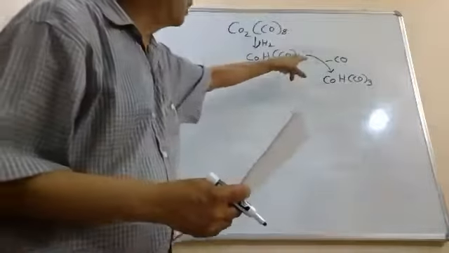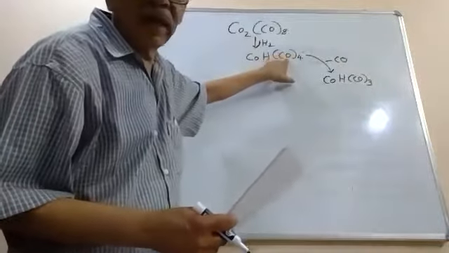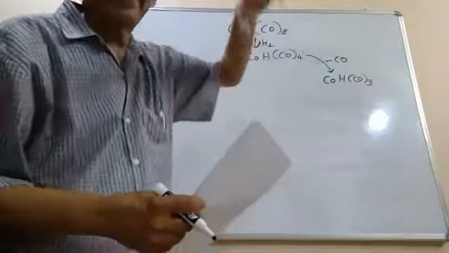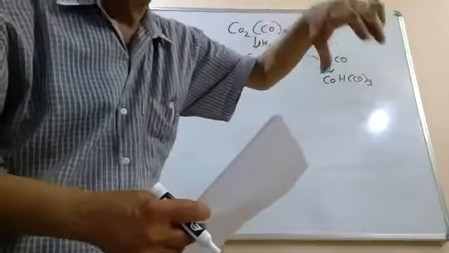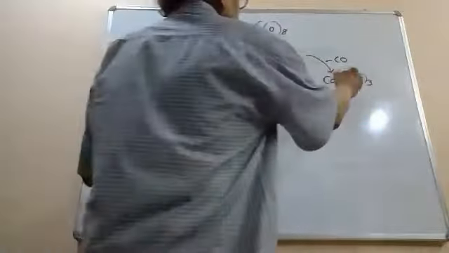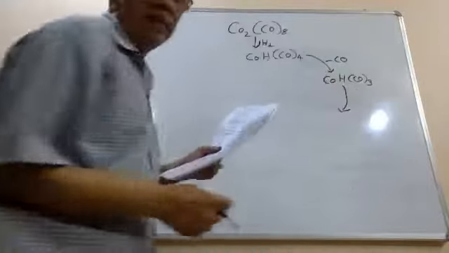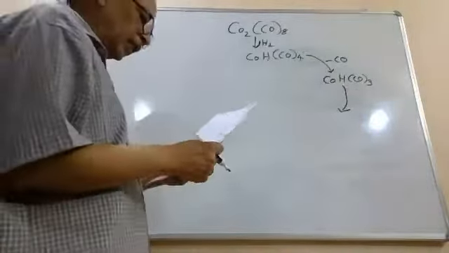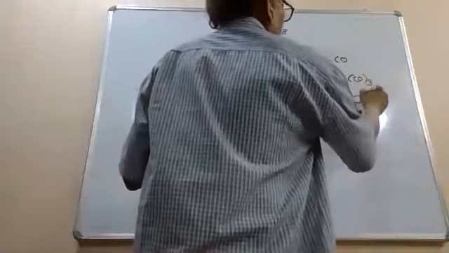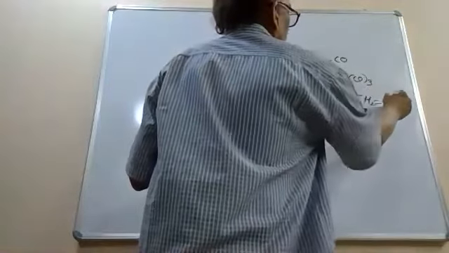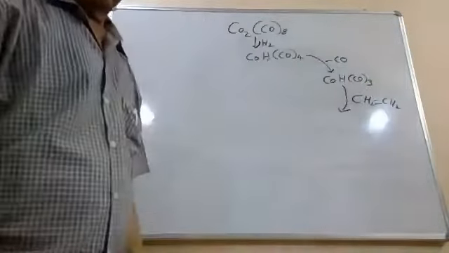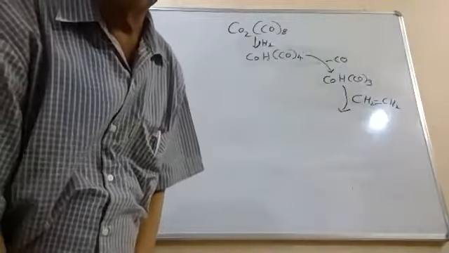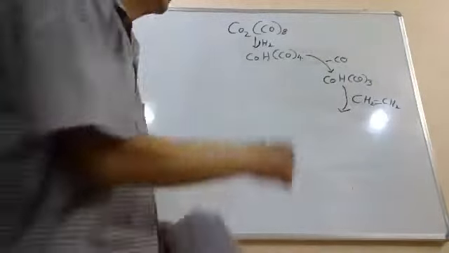So what I did was I kind of removed the carbonyl here and made an empty spot for another ligand to come. Now this time my ligand that is going to replace the carbon monoxide is, let's say, ethylene. That is the unsaturated olefin that we were talking about in the previous example.